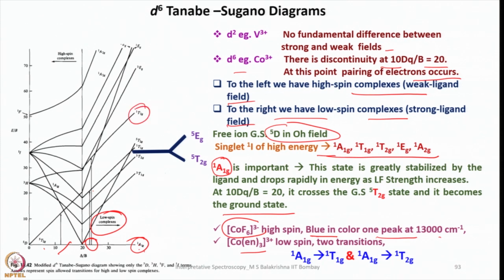So these two transitions are there, whereas here we will see only one transition in the case of CoF6 3-. So you can very nicely identify from this d6 Tanabe-Sugano diagram for d6 complexes, such as hexafluorocobaltate 3- and tris(ethylenediamine)cobalt 3+, a low spin complex which shows two transitions.